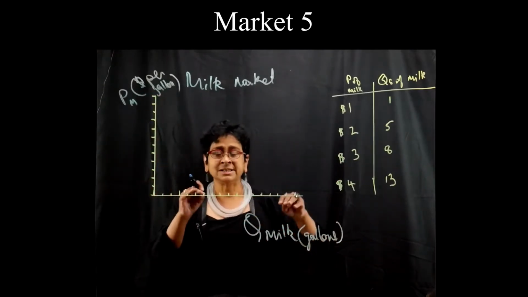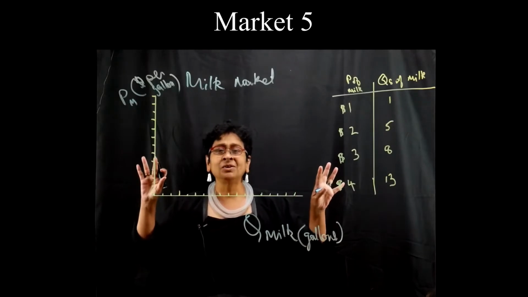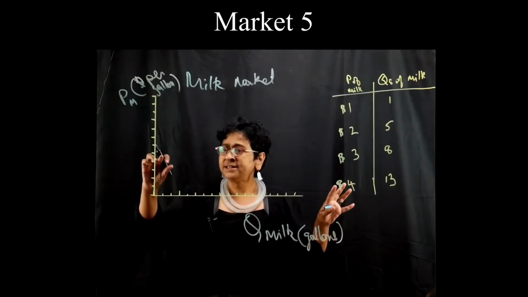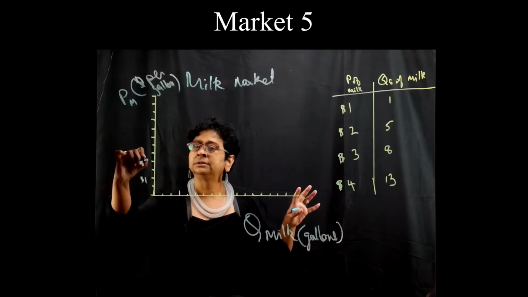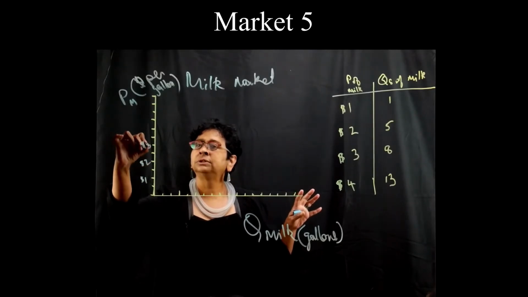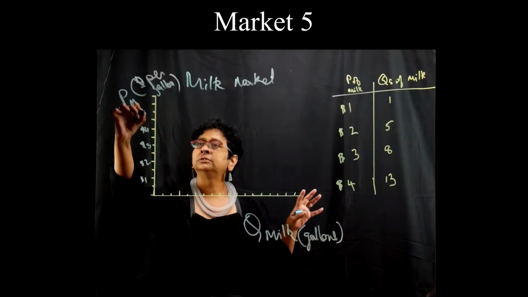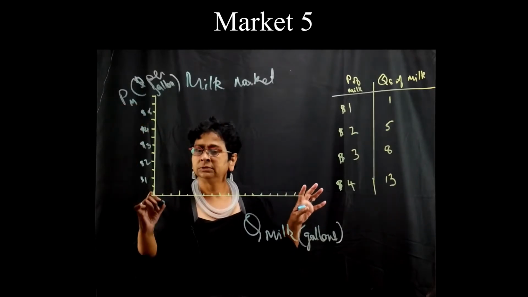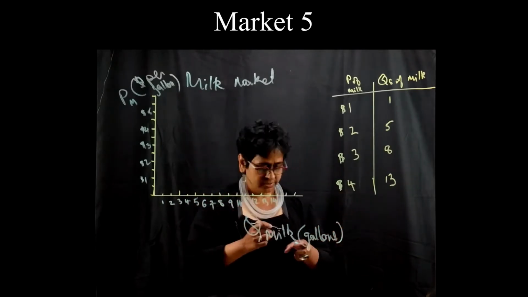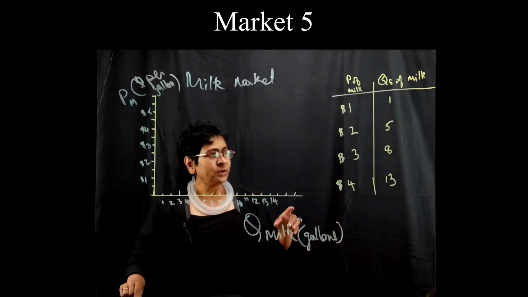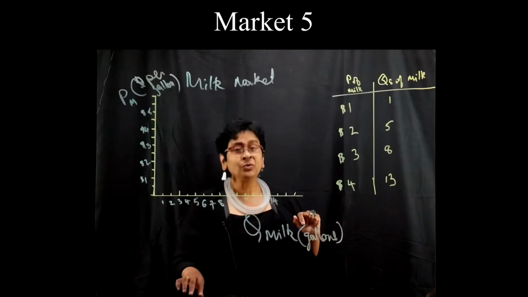So it's the same kind of graph I had before. Let's say $1 per gallon, $2, $3, $4, $5. And that's the quantity.